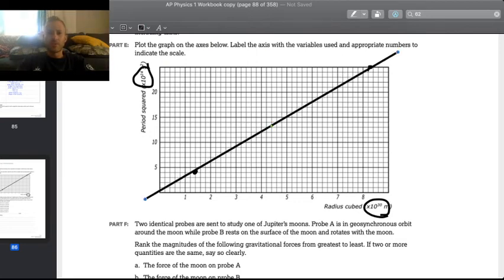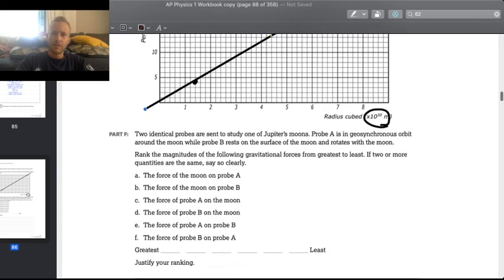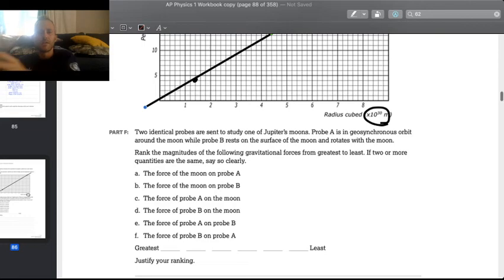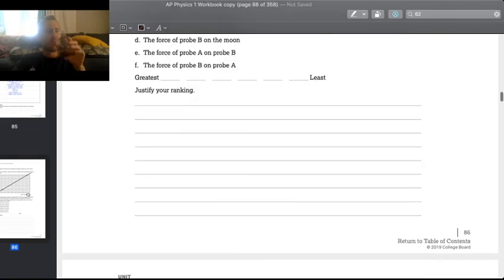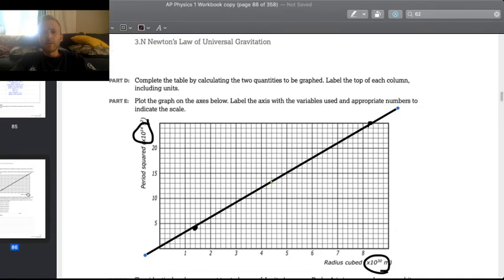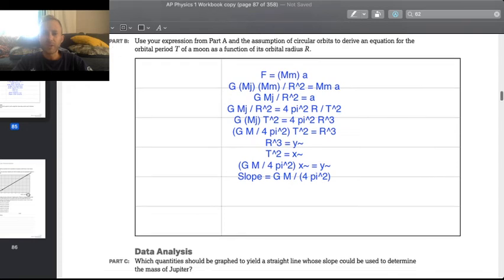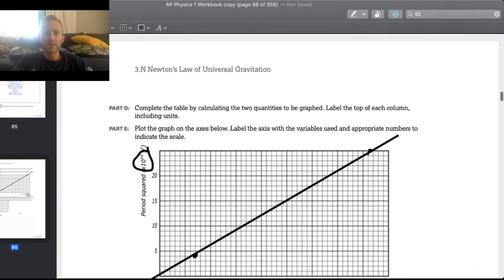So yeah, that's what I would graph, and then the slope of that would be GM over 4 pi squared. It looks like it doesn't want me to actually calculate what the slope is.